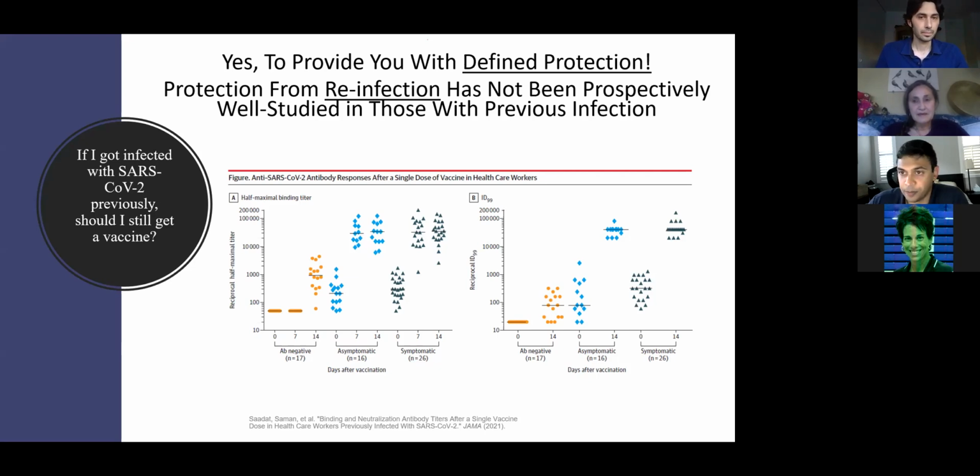So I can take a crack at this and let Dr. Bradley mop up. But to go from EUA approval, you really need multiple phase 3 trials, so at least 2. So to go from EUA to full approval, so having an actual label might take some time, even for the mRNA vaccines. For children, those studies are currently underway.